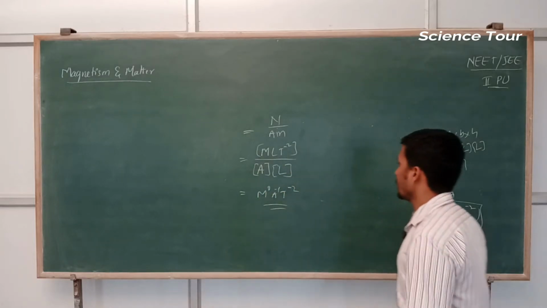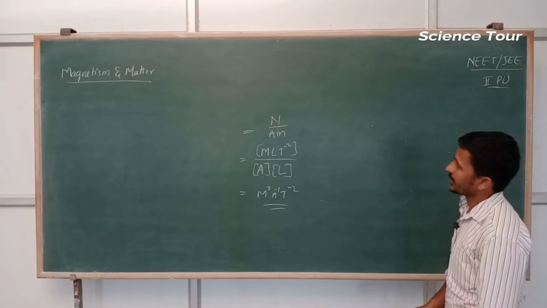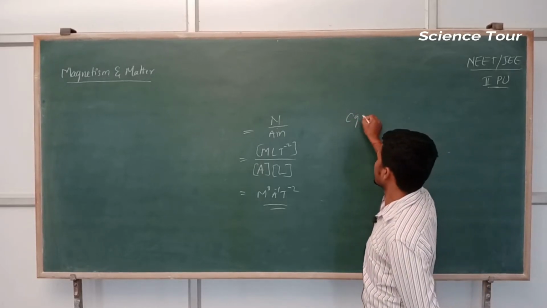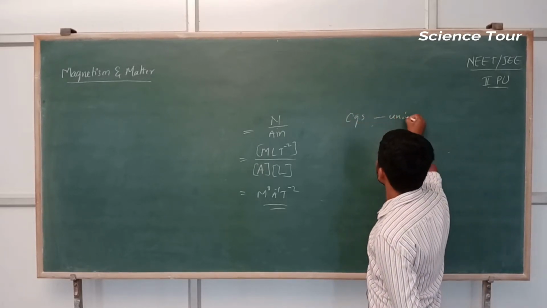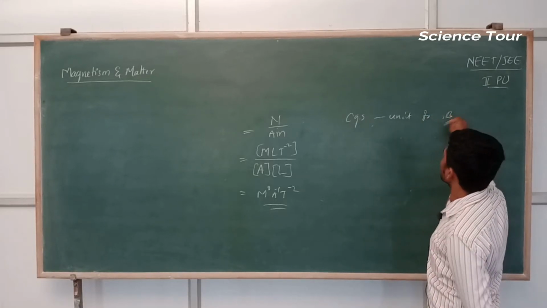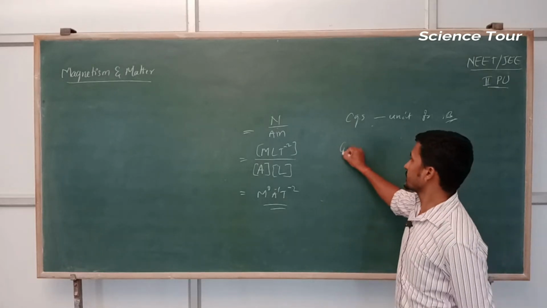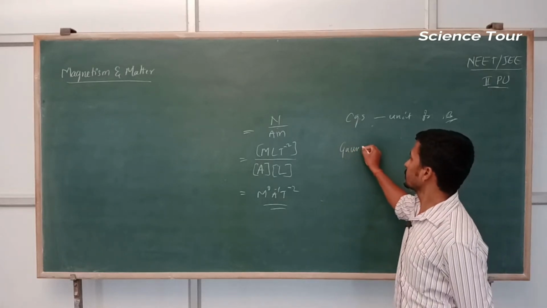There is also a CGS unit for the magnetic field, which we are going to call Gauss.